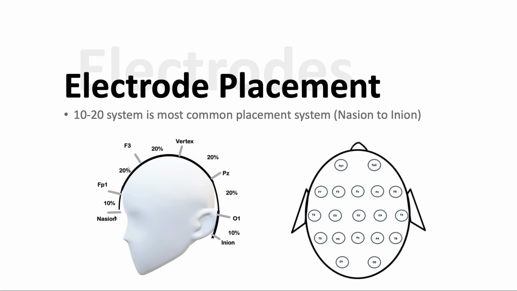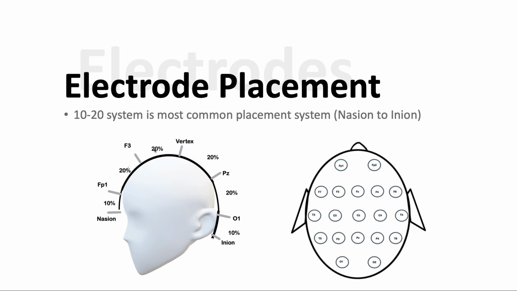You see this here where there's the nasion, and you take 10% from this to get to FP1, and then it goes 20%, 20%, and now you're at the vertex, and then 20% to PZ, and 20% back to O1, and then 10% back to the inion. This is why it's called the 10-20 system. It's also referred to as the International 10-20 system.